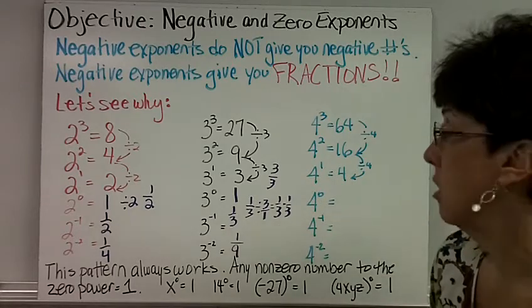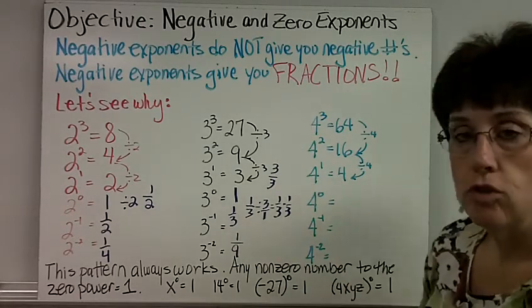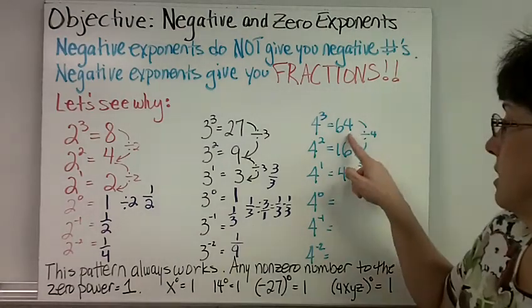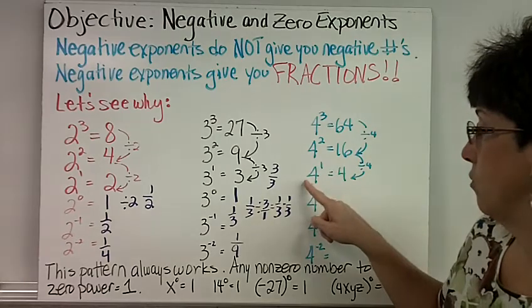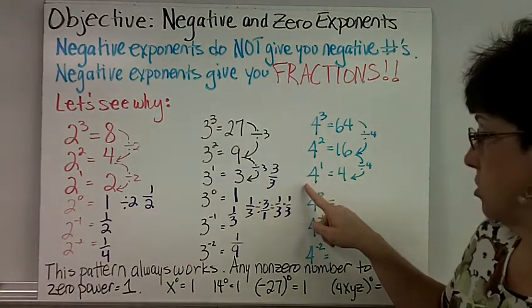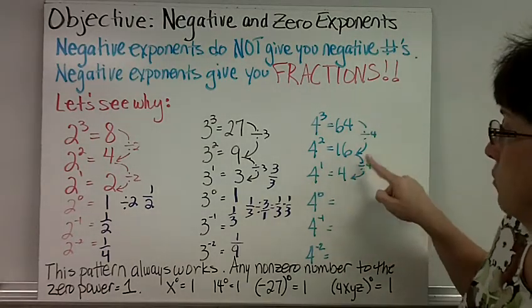Let's do 4 to the third. 4 to the third you usually don't do. It's 4 times 4 times 4, but it's 64. 4 squared, you know, 16. 4 to the first, anything to the first power is just the base, is 4. And so we're following the pattern.